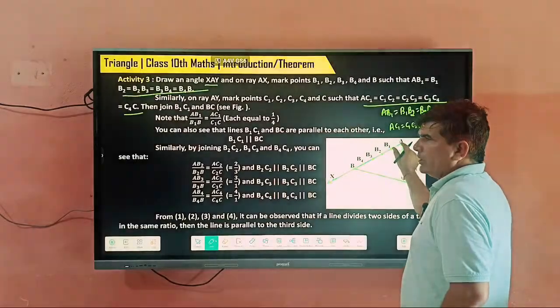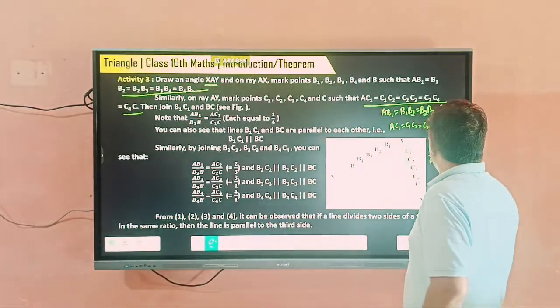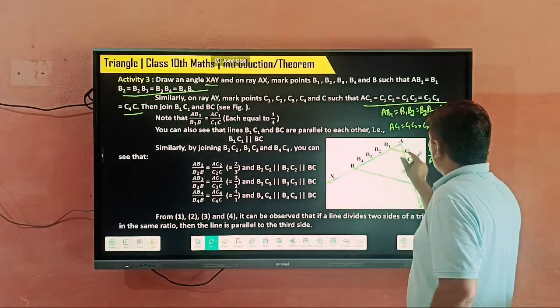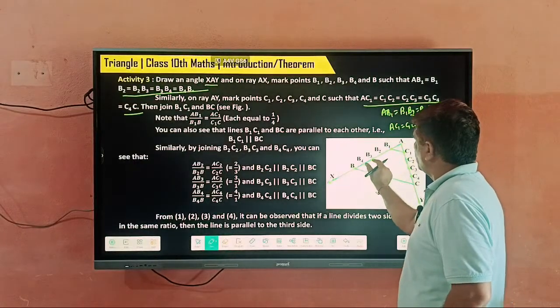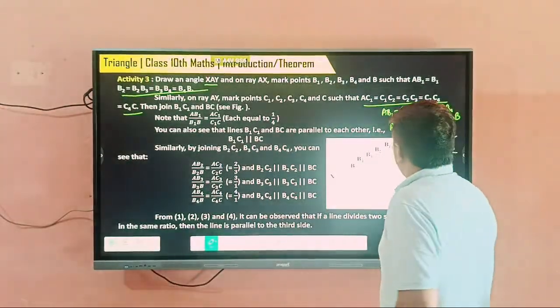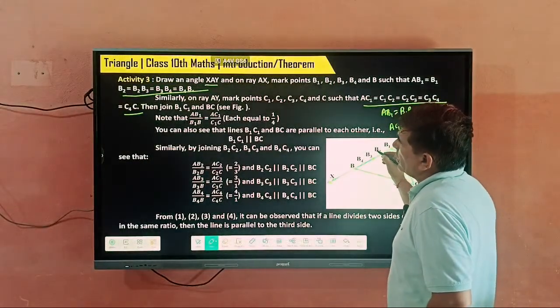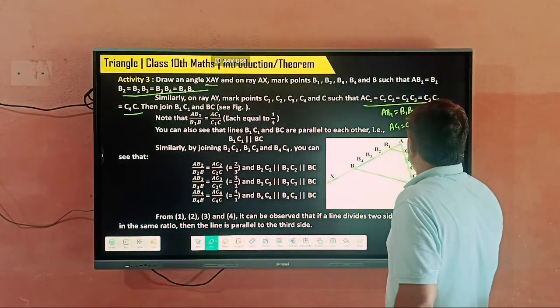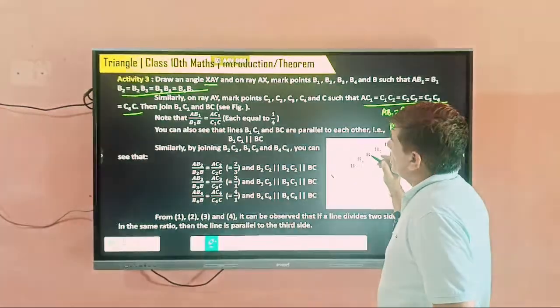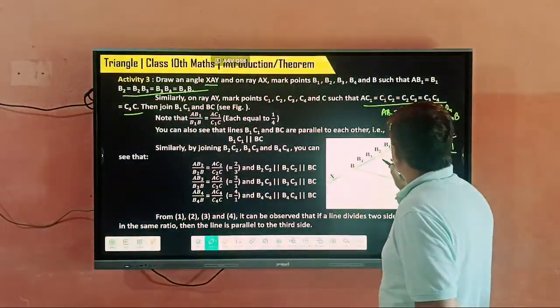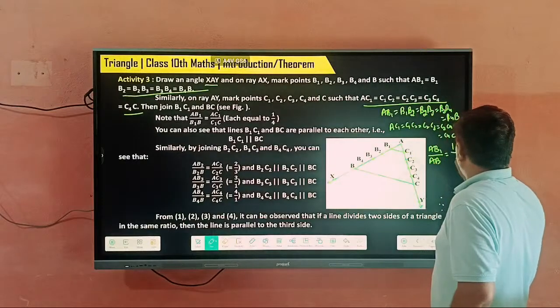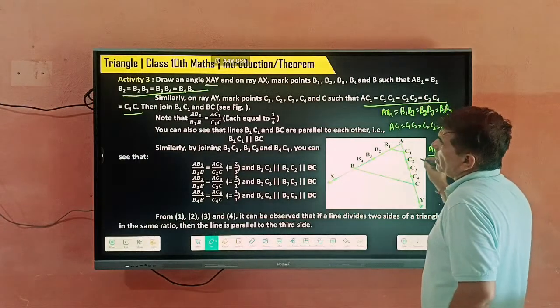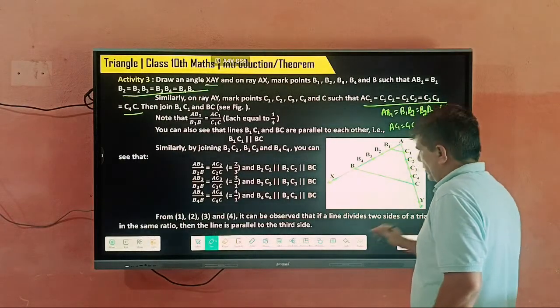AB1 means one point, one scale we have taken, so this is equal to 1. What's AB? 1, 2, 3, 4. We have taken AB1 and B1B, so AB1 by B1B. Sorry, I have written wrong.